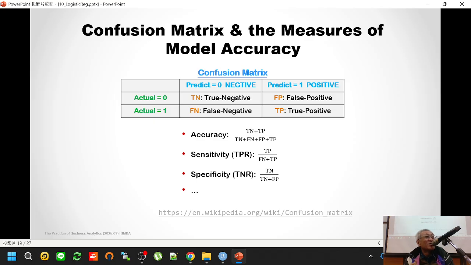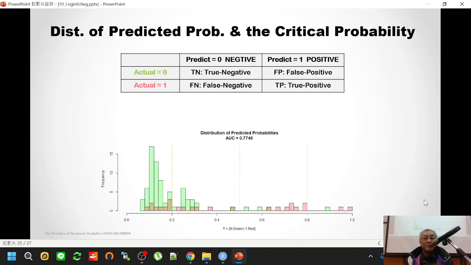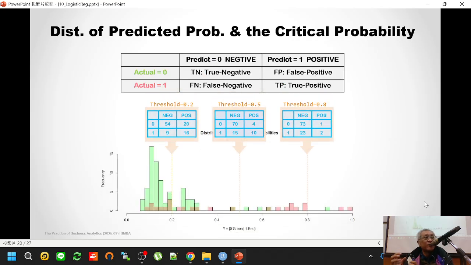Okay? So traditionally, when we define these metrics, we set the threshold at 0.5, but for practical reasons, which I will explain next week, sometimes it's desirable to change the threshold.